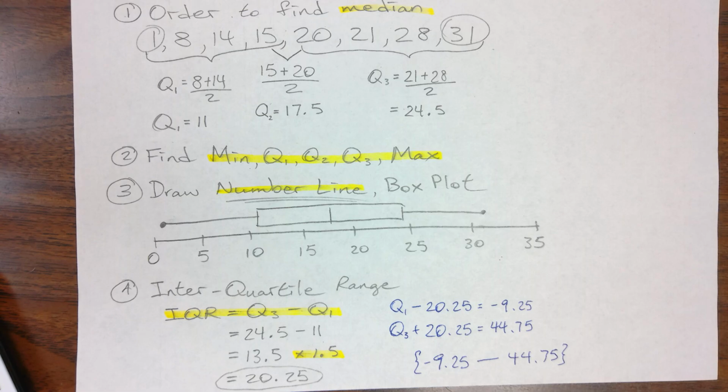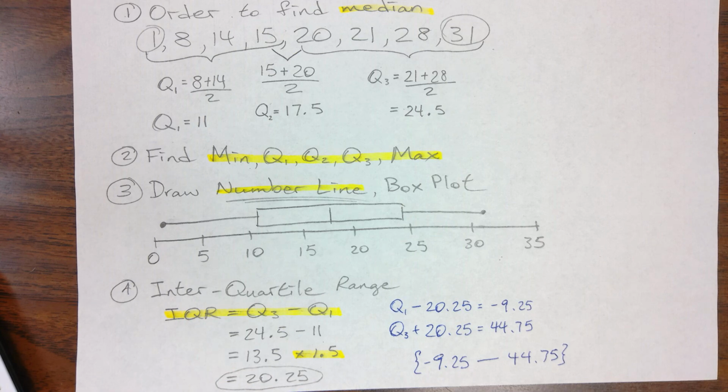Does anything between not include the boundary? If you had a number that was negative 9.25, that would be included. If you have a number on the boundary, it's still within the range. Outlier means outside of it.